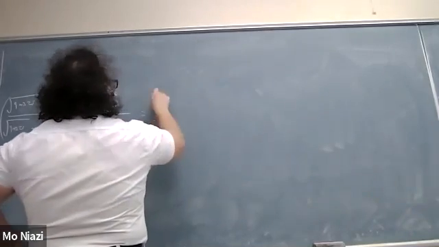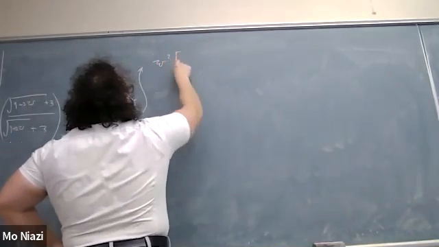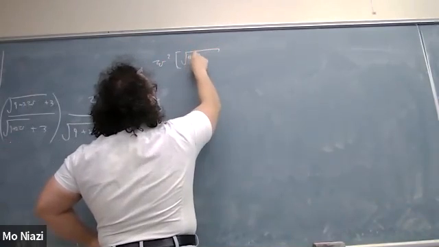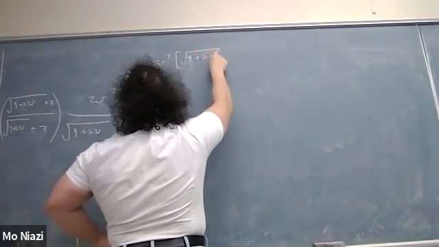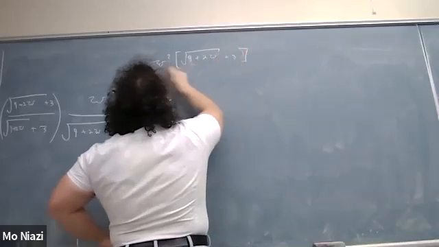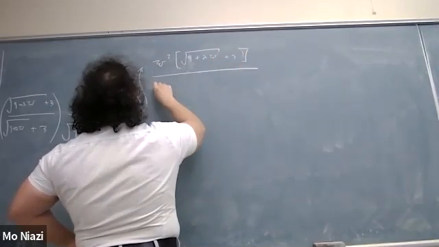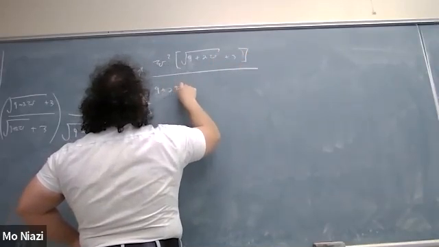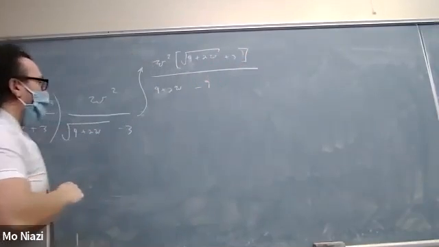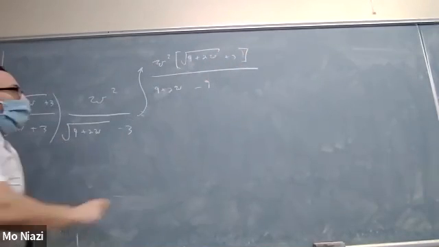This gives us, let's move it up here, give me some more room. Omega squared times the quantity square root of 9 plus 2 omega plus 3, all over 9 plus 2 omega minus a 9. That's what happens when you FOIL these two, or distribute.